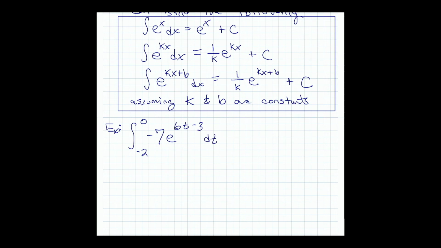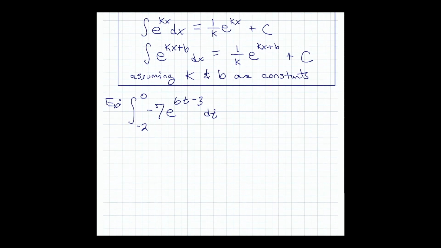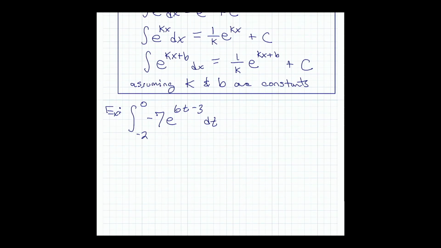The integral is a t integral instead of an x integral, who cares? This is a definite integral, and it's a substitution integral. Except, like I said, we're not doing substitution because we're using a previously discovered formula.